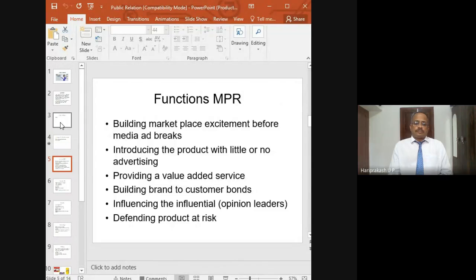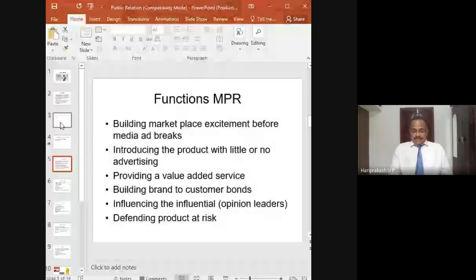So why are we discussing public relations? We can see the reasons why public relation is done. Building marketplace excitement before media ad breaks. Normally they give advertisement. Before that, you try to create a good excitement in the minds of customers.